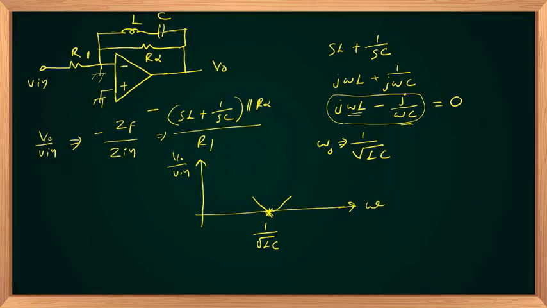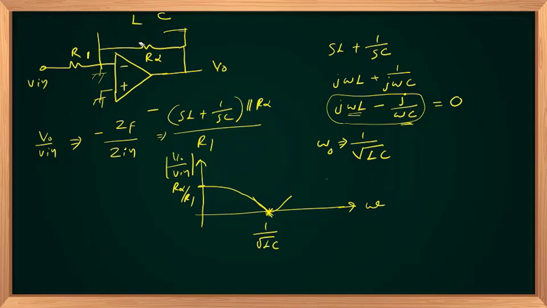On either side of this frequency, if omega tends to 0, the capacitor is open circuited and the inductance acts as a short. So the gain will be nothing but R2 by R1 in magnitude; it's an inverting amplifier, gain is minus R2 by R1. The other branch is open, so the gain decreases and reaches 0 here. From omega equal to omega naught, if frequency goes to infinity, the capacitor acts as a short circuit and the inductance acts as an open circuit, so this branch is open.